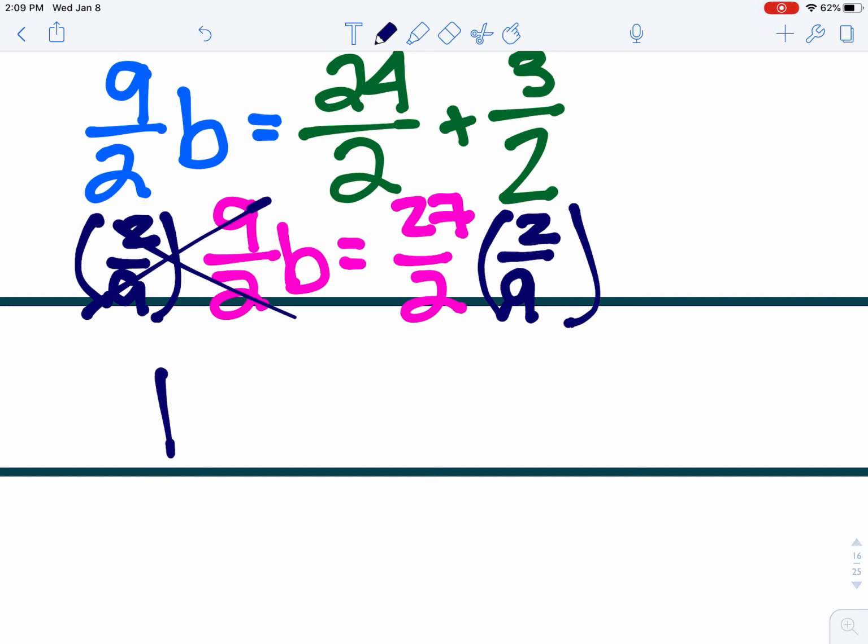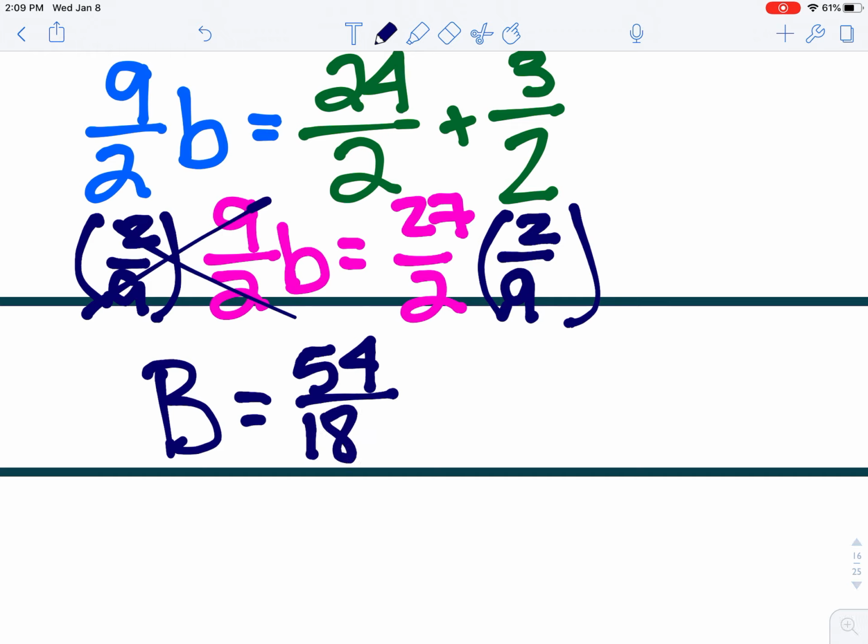So those will cancel and leave me with b. And if I do 27 times 2, that gives me 54. And if I do 2 times 9, that gives me 18. I can simplify this down. 54 divided by 18 is 3.